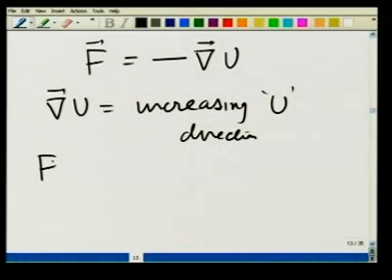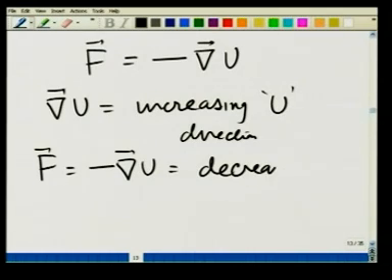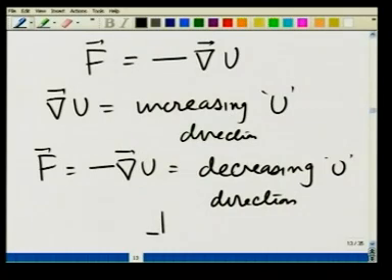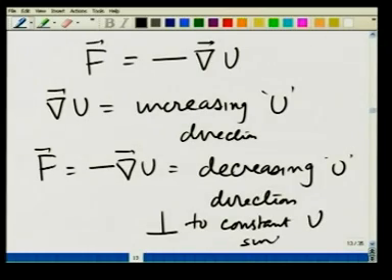So, force which is minus gradient of u is in decreasing u direction, and it is perpendicular to constant u surface. So, this sort of gives you a feel for this, and this is absolutely consistent with what we learned in one dimensional case. Let us take an example.